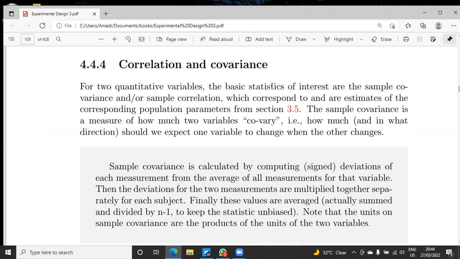Whereas covariance, the difference between correlation and covariance has to do with, variance has to do with distance. There was a time I was explaining, in one class, that variance has to do with the deviation from the mean.